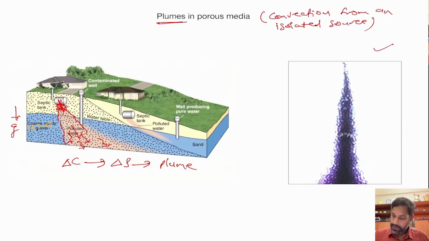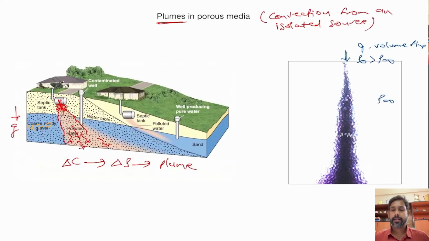And what you see here on the right hand side is an experimental image where we are injecting a dense fluid with a rate Q. So that is, let's say, volume flux, and it has a density of rho naught, which is greater than rho infinity, and rho infinity is the ambient density here.